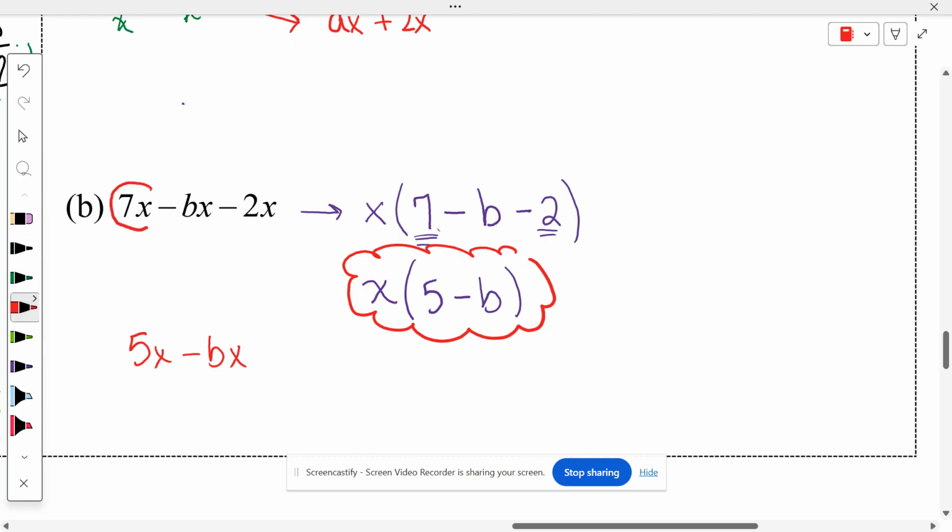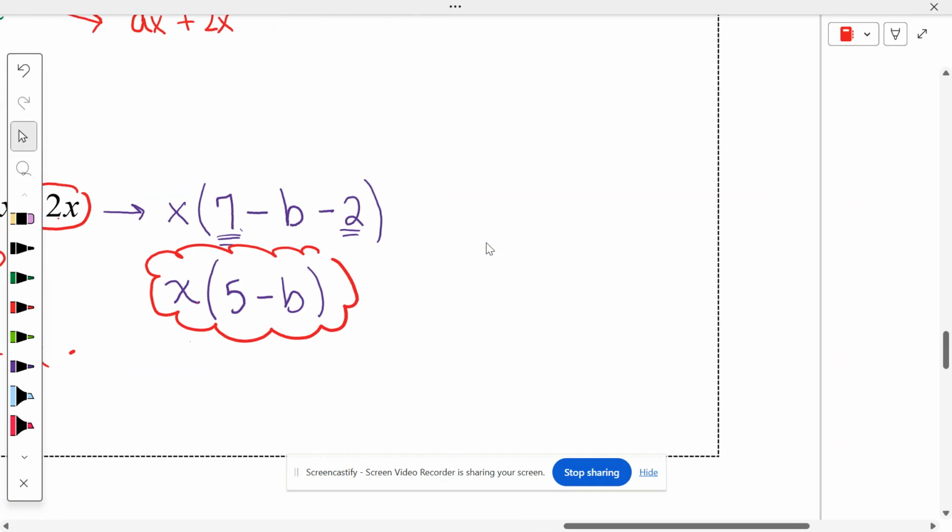We could have combined these two like terms. 7 minus 2 is 5. 5x minus bx. And now you see that you're right, okay? So again, you're looking for something that all of the terms share, and you're trying to divide it out or pull it out. That's called factoring, all right?